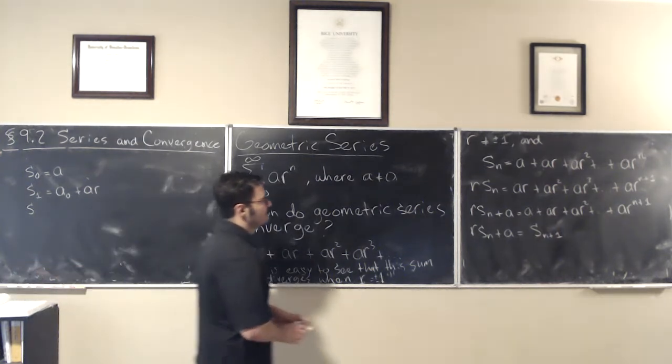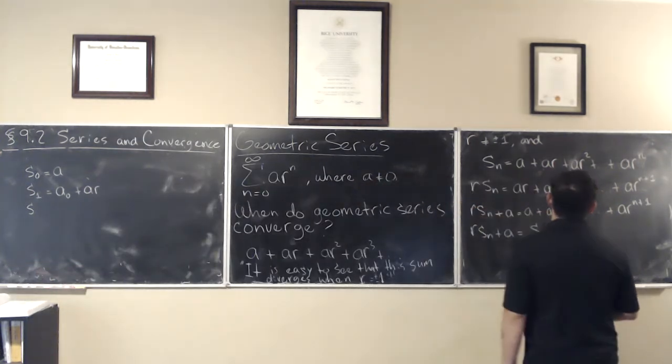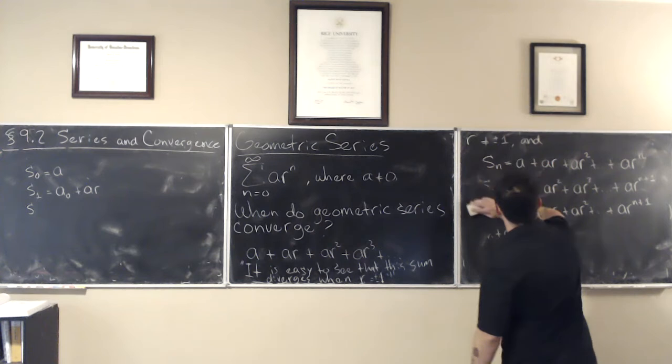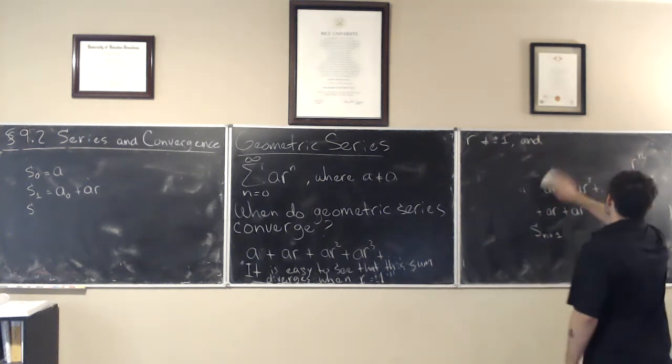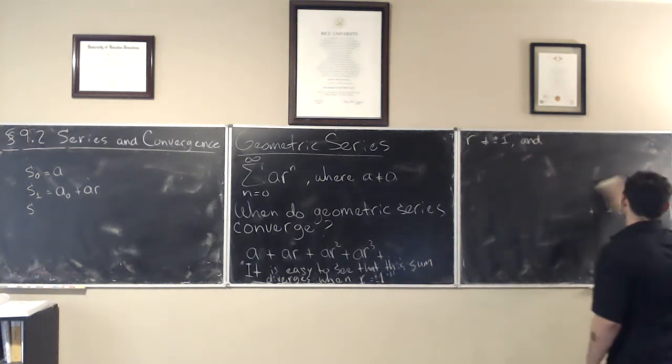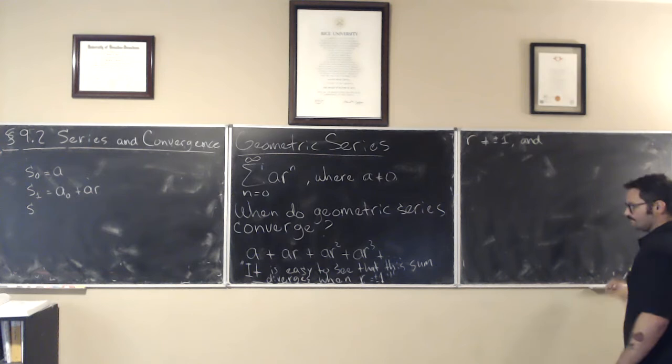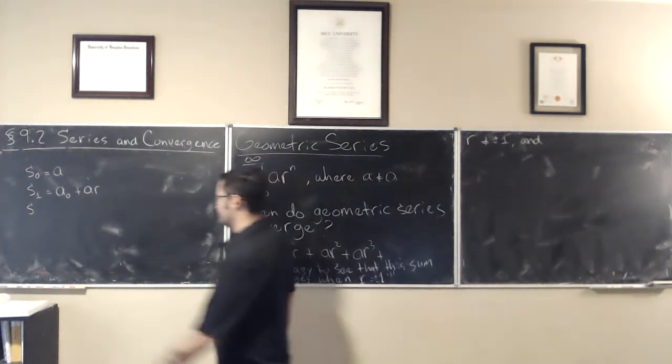I am incorrect about this right here. So we're assuming r is not equal to plus or minus 1. We need an expression for the partial sum.